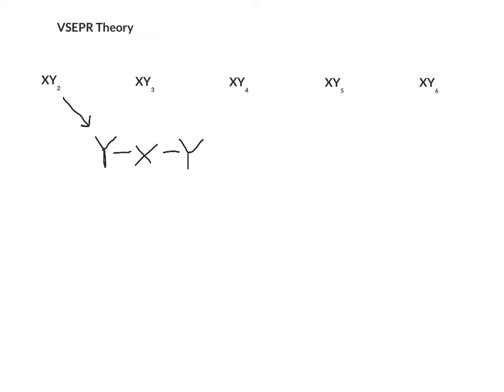So if you recall mathematically, this is a linear geometry, a straight line, and the angle between these two bonded groups is 180 degrees.